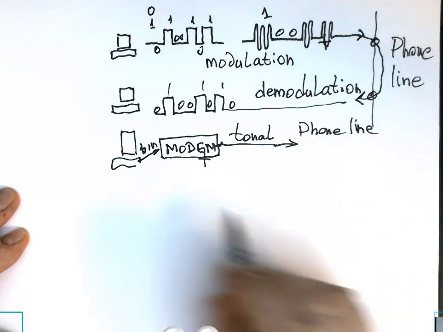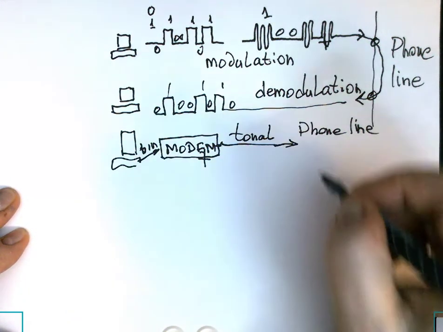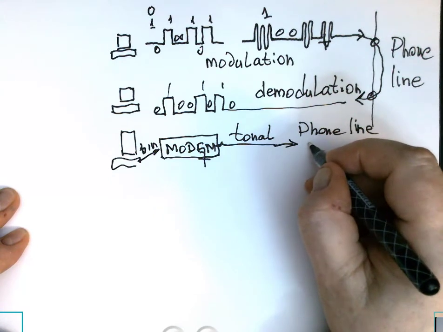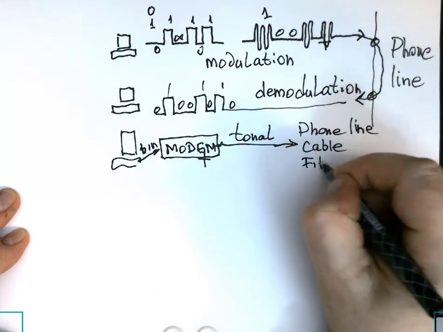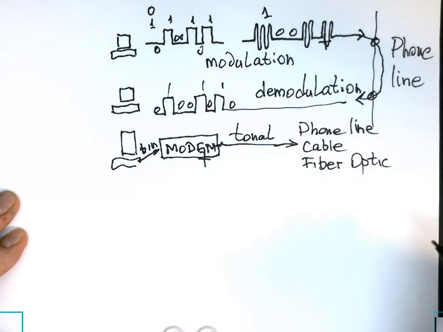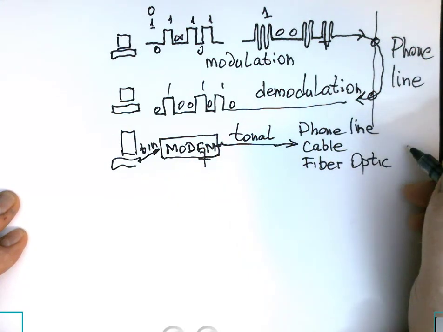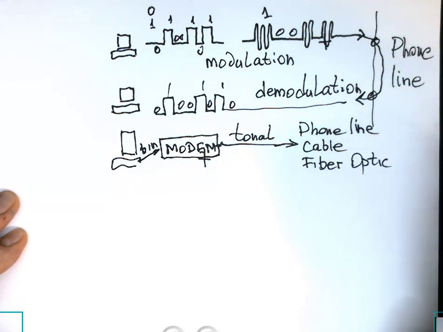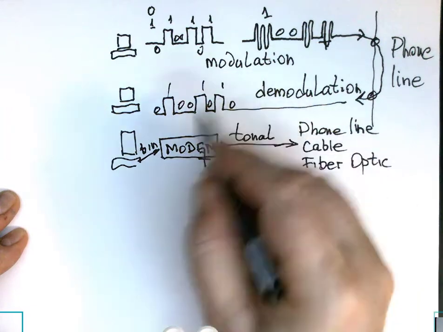Okay, from time to time the speed of telecommunication became higher and higher, and instead of the phone line, people started using cable lines and fiber optic lines. Cable, folks, uses the same principle, modulation, but the speed of communication is much higher. By the way, I said speed of communication. How to measure it?